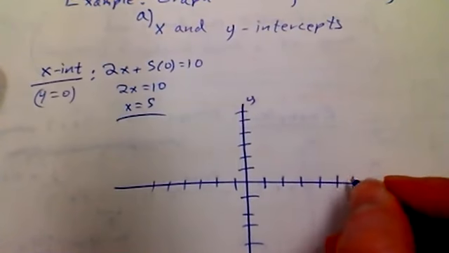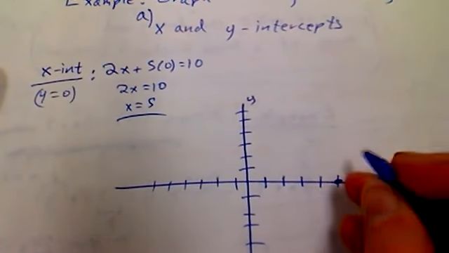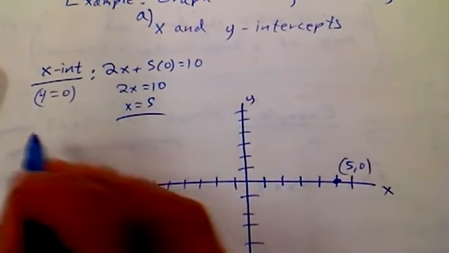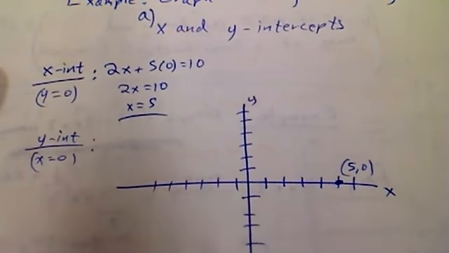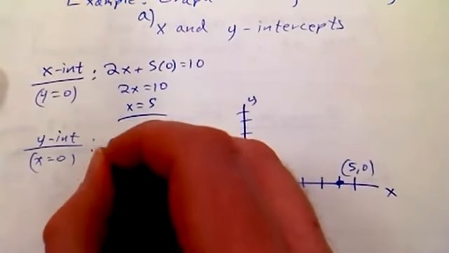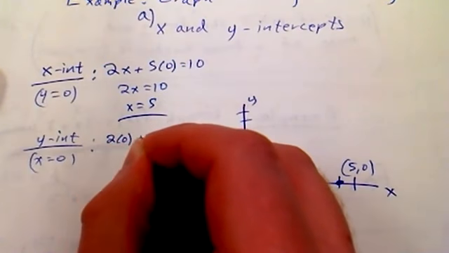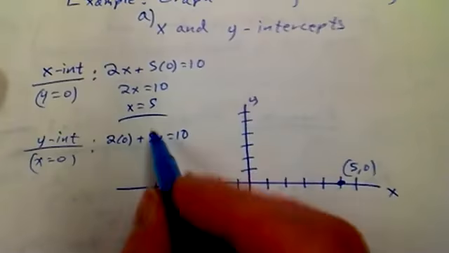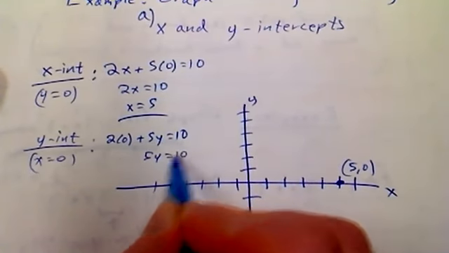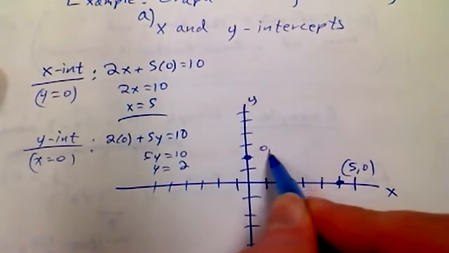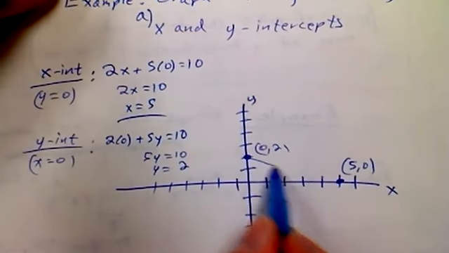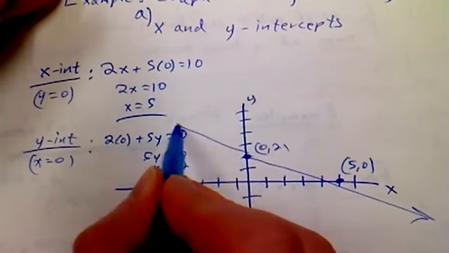So I have the point (5, 0) right here. And if I'm looking at the y-intercept, that's when x is equal to 0. That means I'll have 2 times 0 plus 5y equals 10. 5y equals 10, so y is equal to 2. So that's here, (0, 2). I got 2 points, so I got a line.